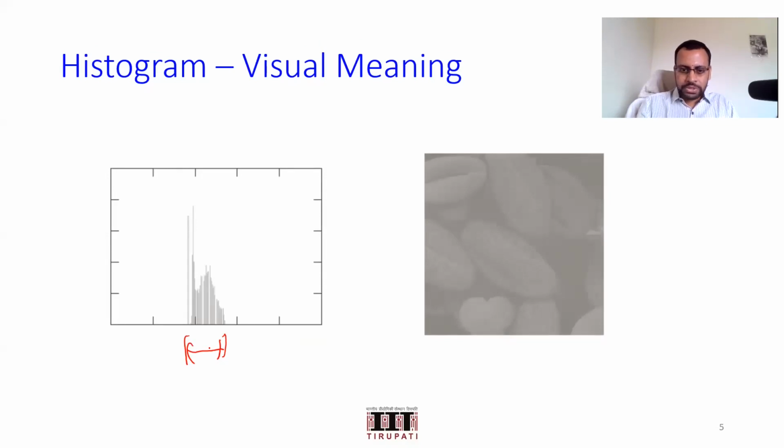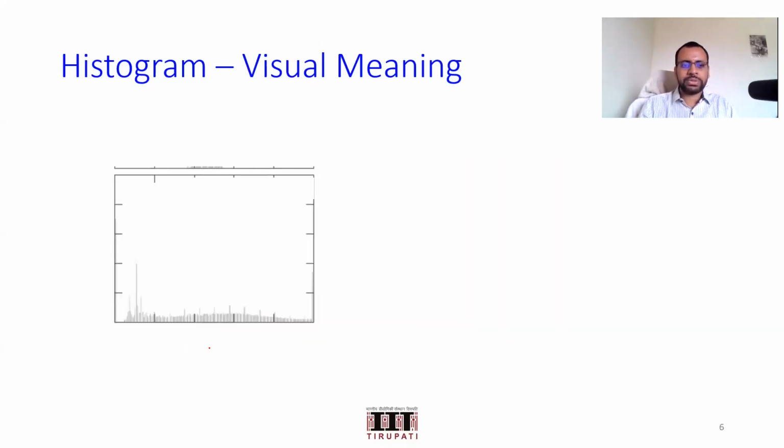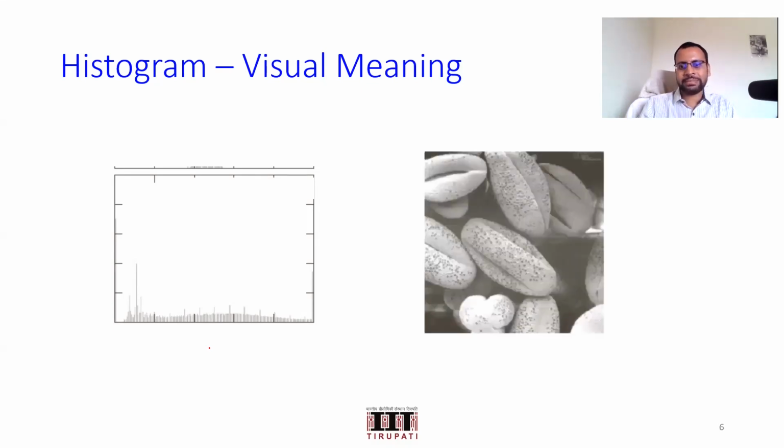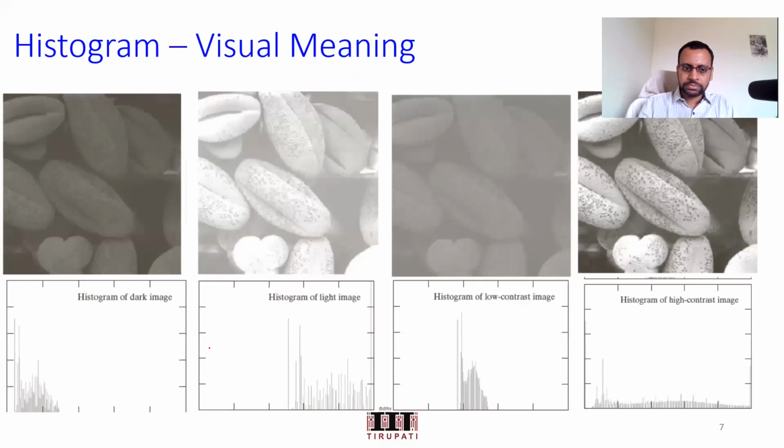Okay. So then this one, what would you say now? What about the contrast? And what about the intensity distribution? Right. So if you look at that image, this is the image for this. And you could see all of them put together here.